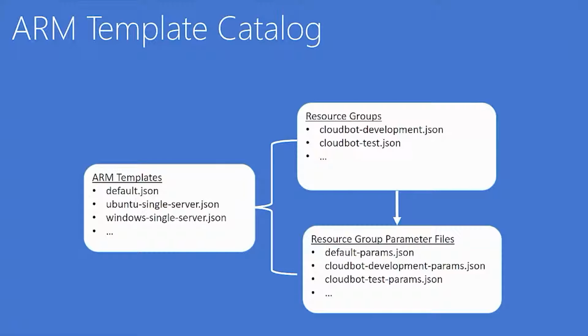Now one of the funny things around validating ARM templates, and this design to allow them to work in any resource group and any template to have a many-to-many relationship, is you need to define every parameter for every resource group, and you need to have every parameter value in every template across the whole catalog, even if that template or that resource group doesn't need it. Otherwise, your validation will fail.